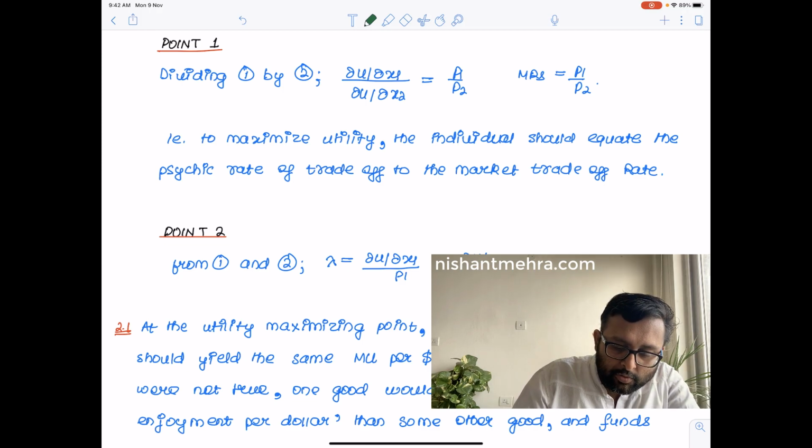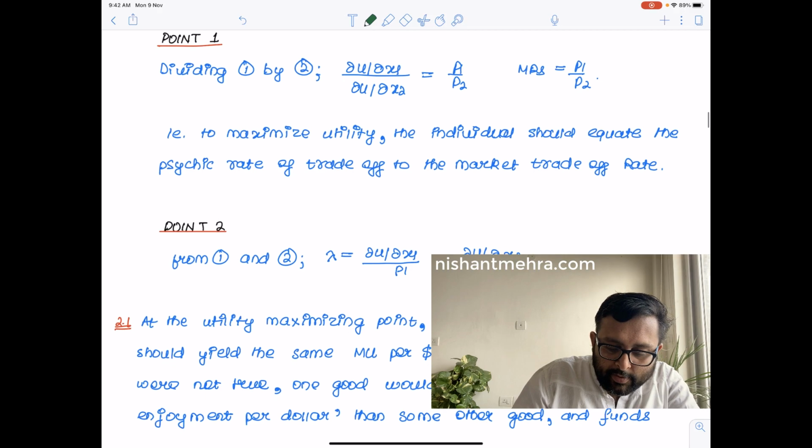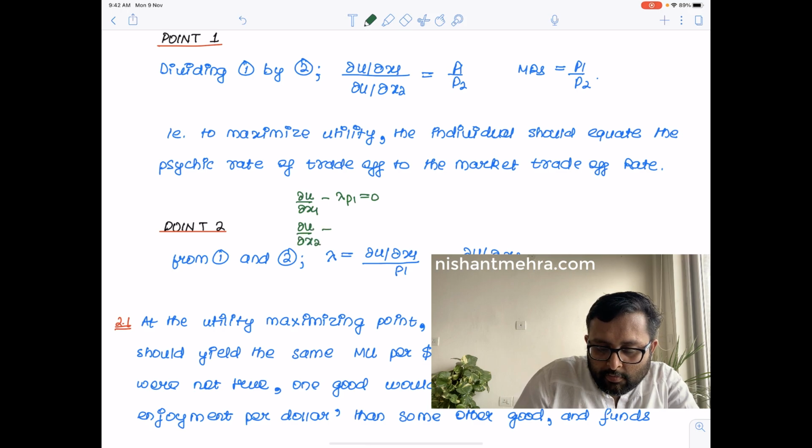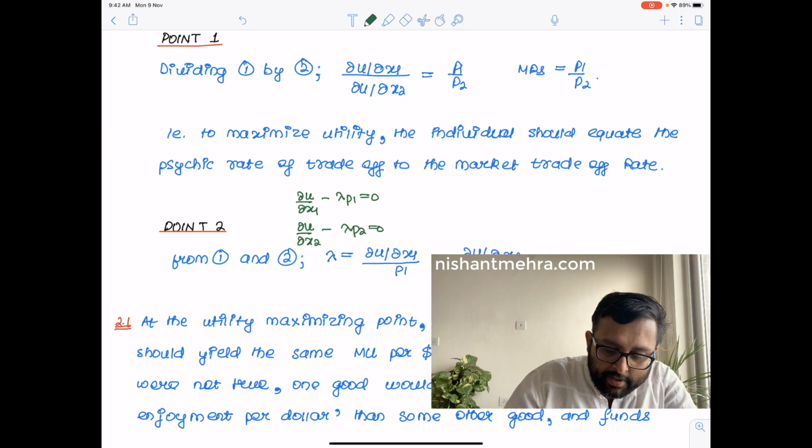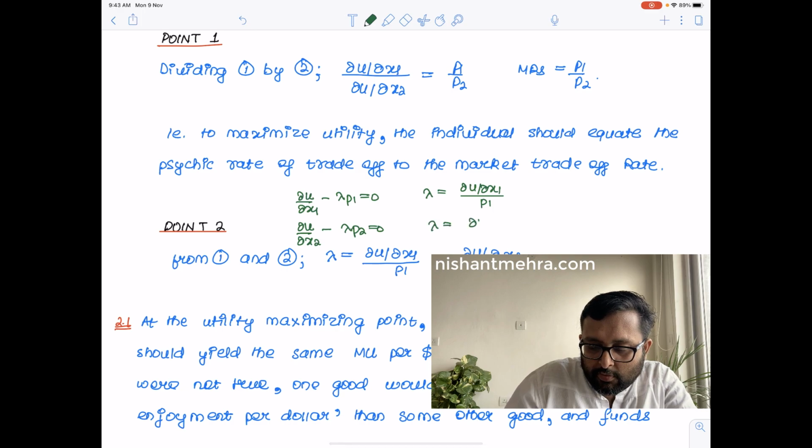If you look at the first and second first order conditions, you will find del u by del x1 minus lambda p1 equals 0, and del u by del x2 minus lambda p2 equals 0. From here you can write lambda as del u by del x1 whole upon p1, and lambda as del u by del x2 whole upon p2.